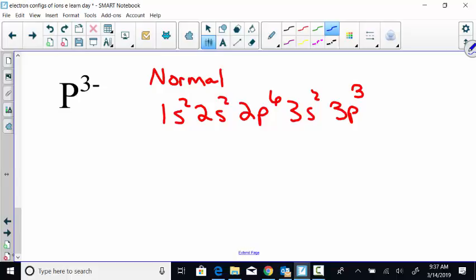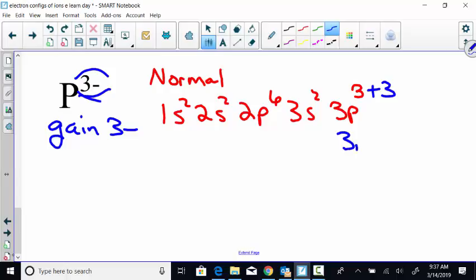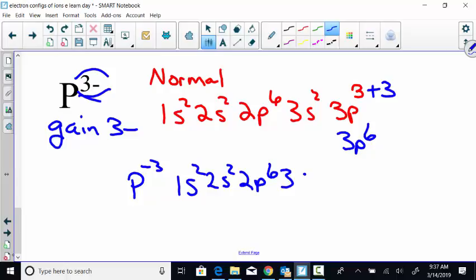So if it can pick up 3, that means it gains 3 electrons. If it can pick up 3 from someplace, then it becomes a 3p6, and that becomes stable. So phosphorus 3 minus is 1s2, 2s2, 2p6, 3s2, 3p6.